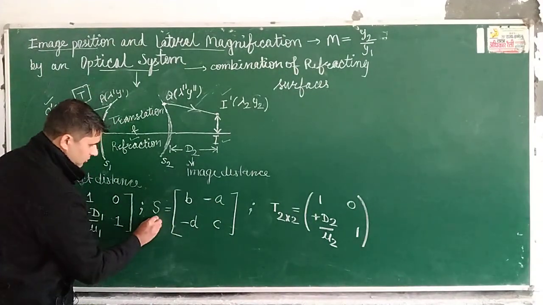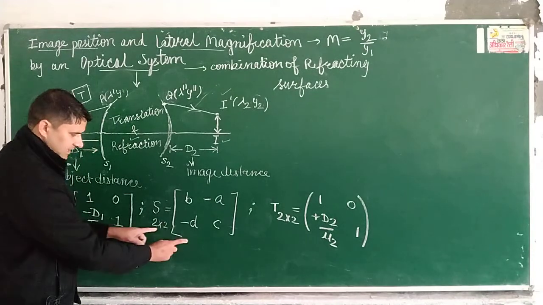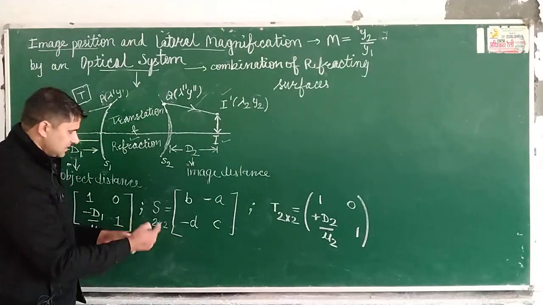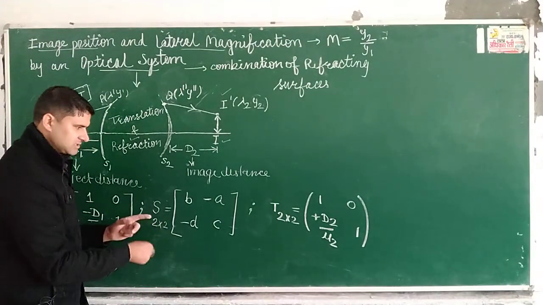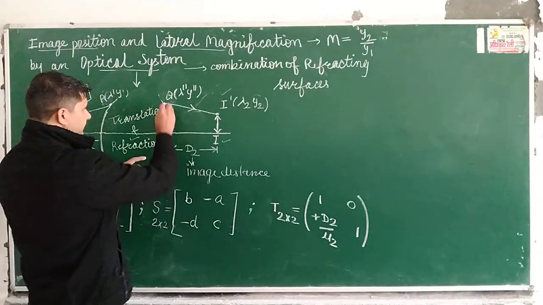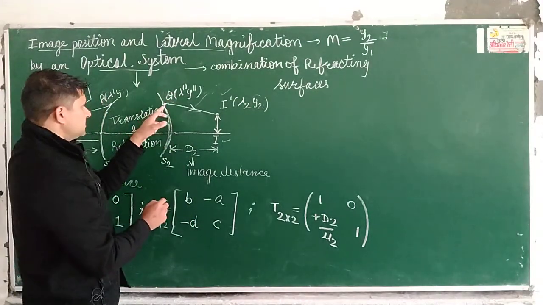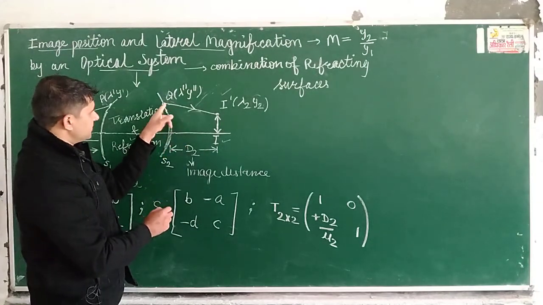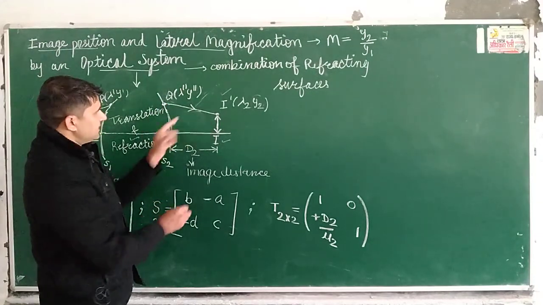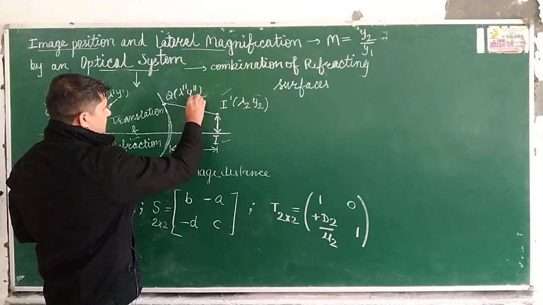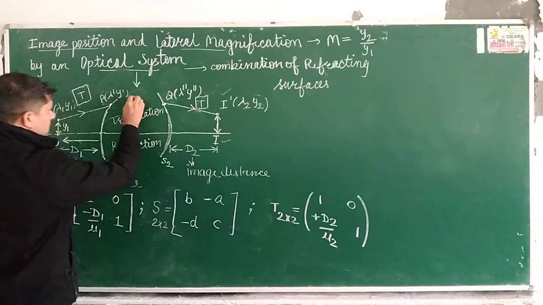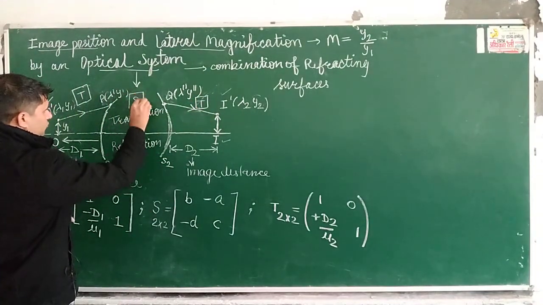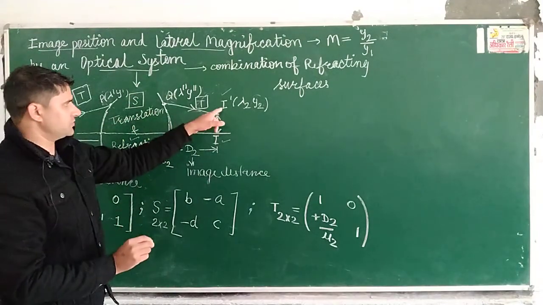This is also a 2 cross 2 matrix, and it is a combination of various translation and refraction matrices. Let the ray of light emerge from the system at point Q, and between point Q and I there is again translation. So we will make use of these three matrices to connect the optical coordinates of the image point and the object point.